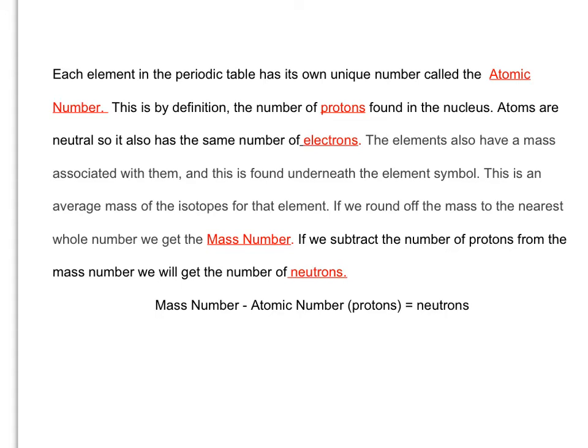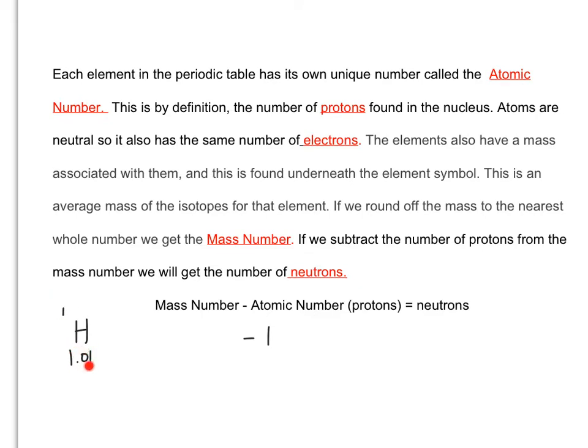So for instance, if we look at hydrogen. So hydrogen has an atomic number of 1 and a mass of 1.01. So this is your atomic number, and this is the mass number.